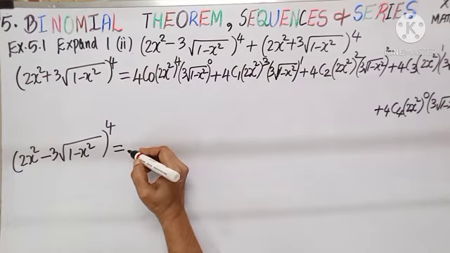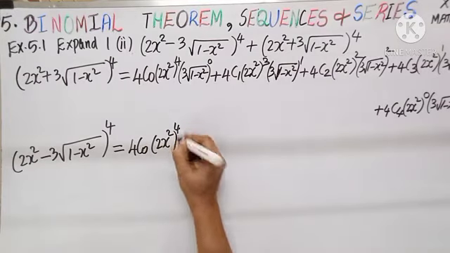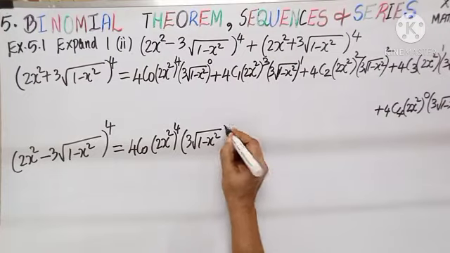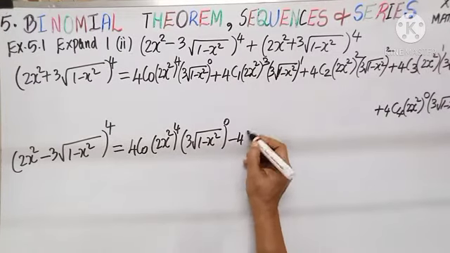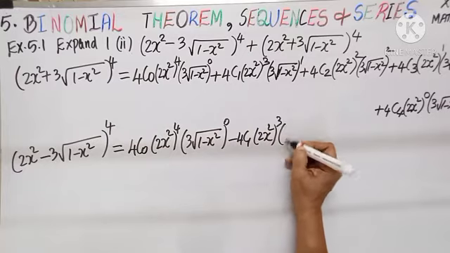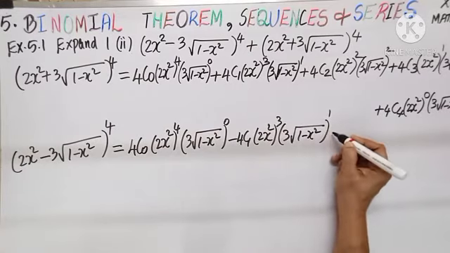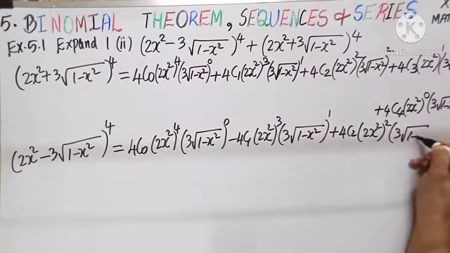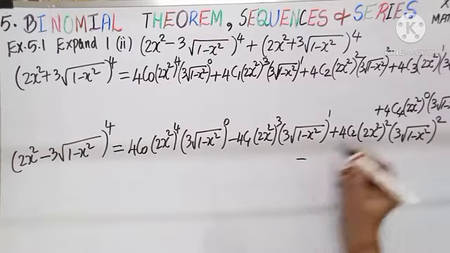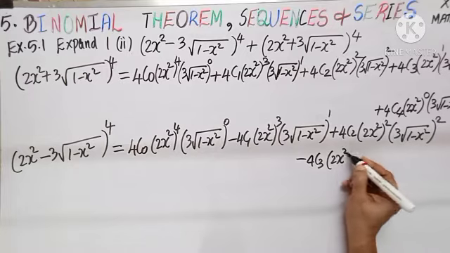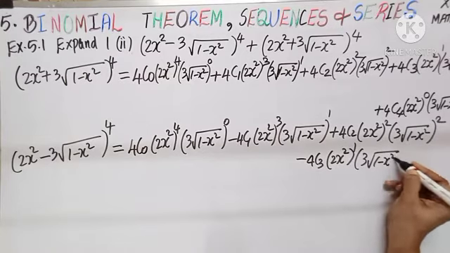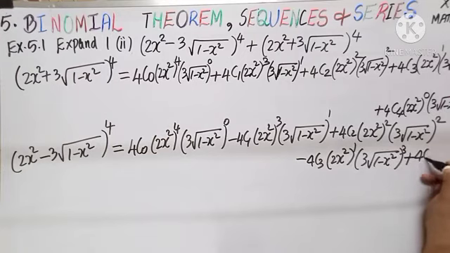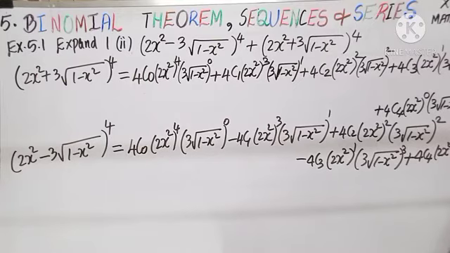So we have 4c0, 2x square power 0, 3 root of 1 minus x square power 0, minus 4c1, 2x square power 3, 3 root of 1 minus x square power 1, plus 4c2, 2x square power 2, 3 root of 1 minus x square power 2, minus 4c3, 2x square power 1, 3 root of 1 minus x square power 3, plus 4c4, 2x square power 0, 3 root of 1 minus x square power 4.